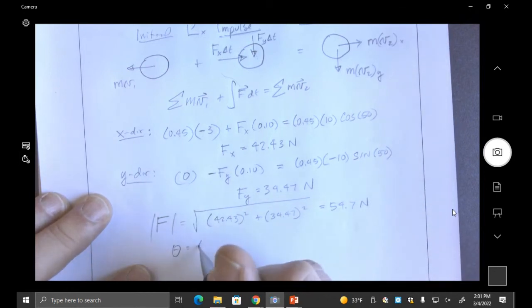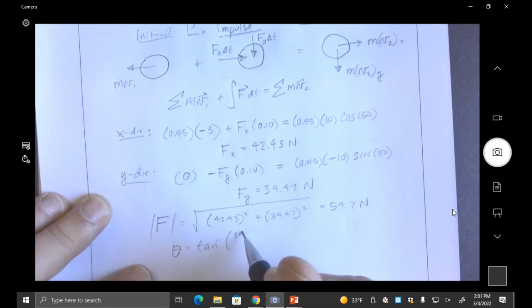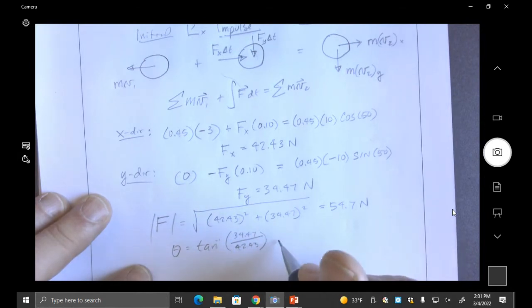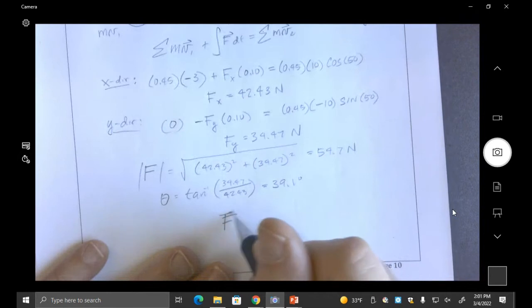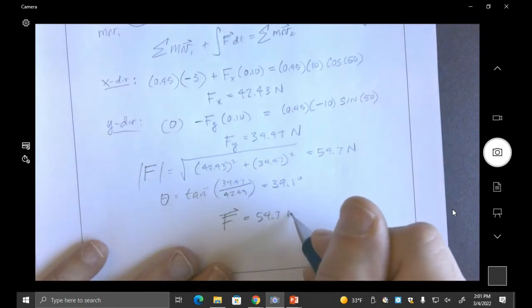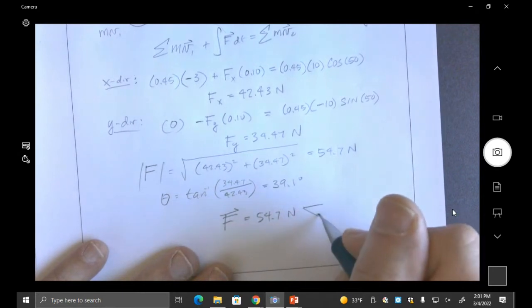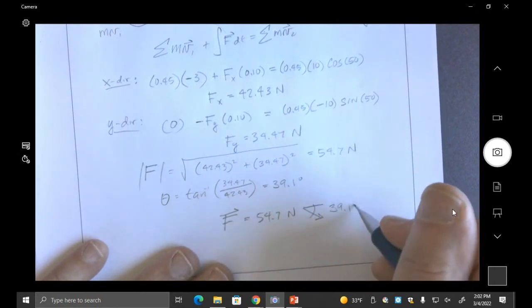And then to get the angle, take the inverse tangent of the rise, 34.47, over the run, 42.43, and I get 39.1 degrees. So for an answer, 54.7 newtons in that quadrant down there, 39.1 degrees.